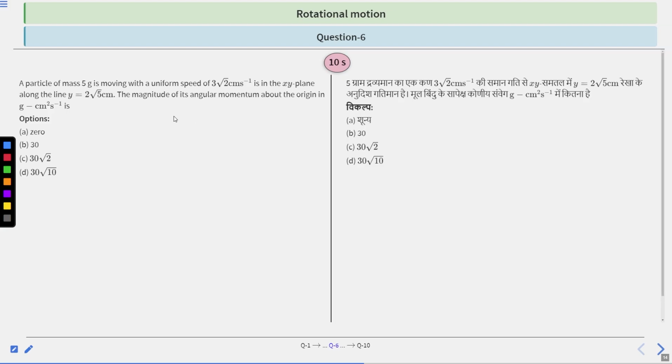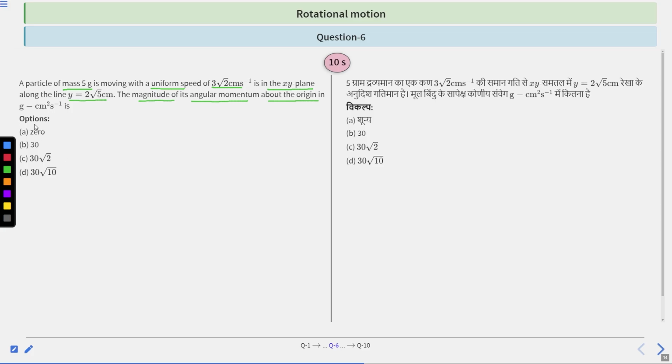Question 6. A particle of mass 5 gram is moving with uniform speed of 3√2 centimeter per second in the xy plane along the line y equals 2√5 centimeter. The magnitude of its angular momentum about the origin in gram centimeter square per second is what?